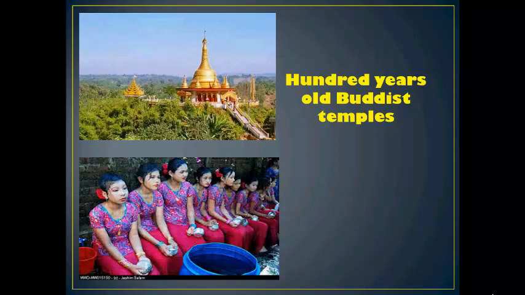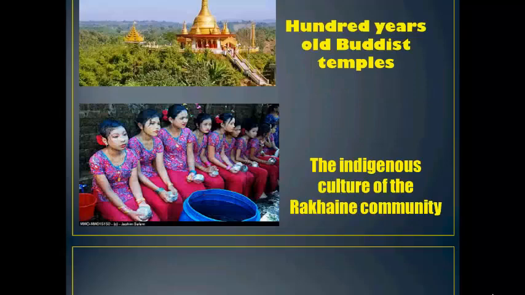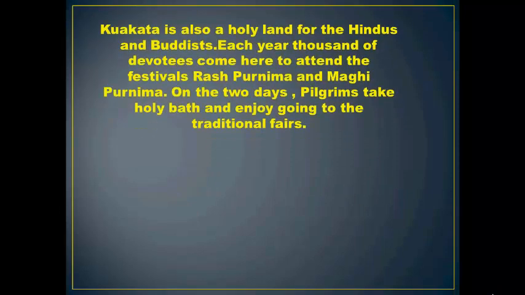Here you see an image, in the above hundreds of years old Buddhist temples, and in the below the indigenous culture of the Rakhine community. Let's see in another slide. Kuakata is also a holy land for the Hindus and Buddhists.